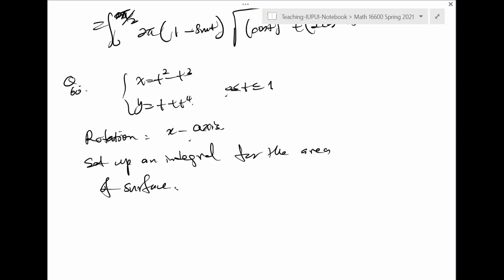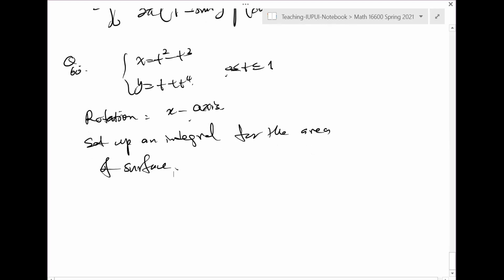Right. So step 1, we should try to sketch the graph if possible. That's what we did in the last section, right? So I'll probably just draw a couple points. Maybe not necessary.